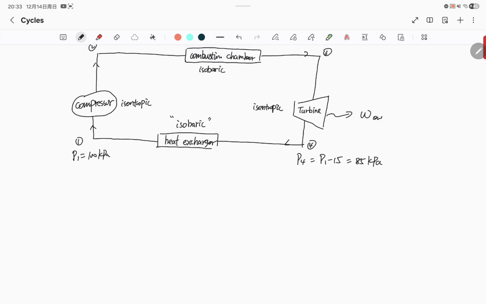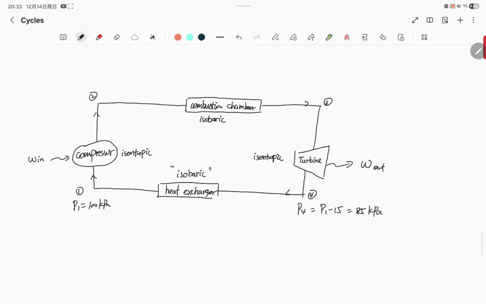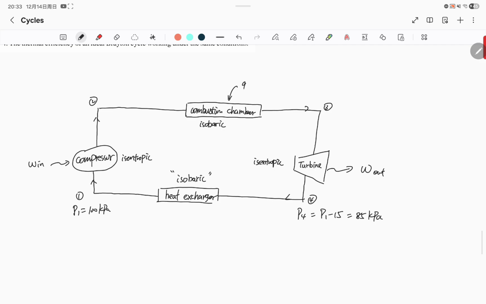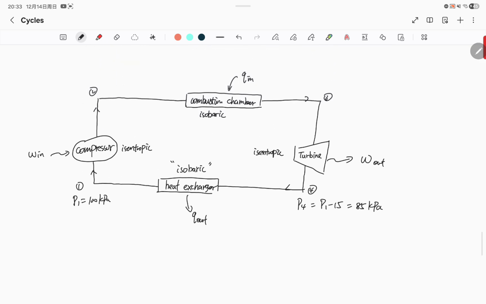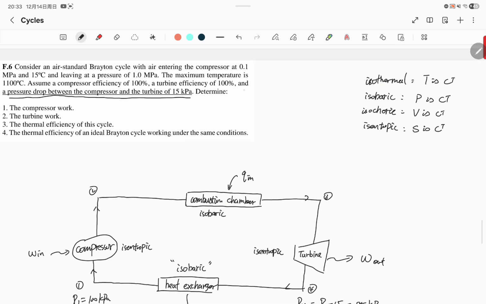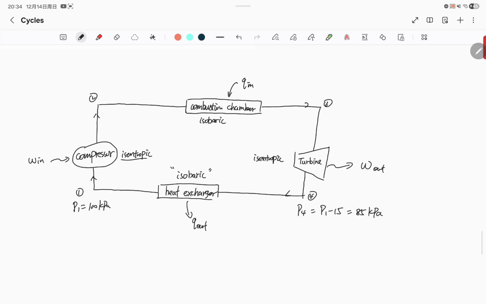Turbine, we have work out. We got work in for the compressor, Q in at combustion chamber, and Q out at heat exchanger. What else we have? Assume compressor efficiency 100%, turbine efficiency 100%. That just means isentropic.